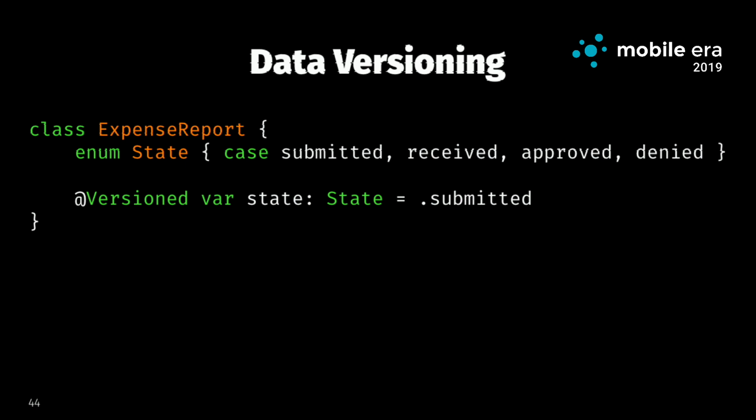This way, whenever we update the state, the history is going to get updated, and we will have a nice history of all the values that our state went through. And what's very nice is that if we were to make this class Codable, we could also store the history inside the database in a very seamless and easy way, because we just have to add the annotation @Version and nothing more.